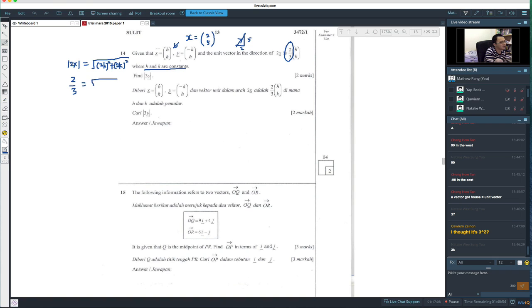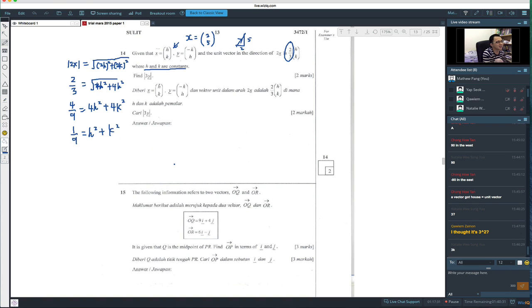So the square root of 4h squared plus 4k squared equals this. I move the square root to the other side, and it becomes a square. So 4 over 9 equals 4h squared plus 4k squared. I divide everything by 4, so 1 over 9 equals h squared plus k squared.